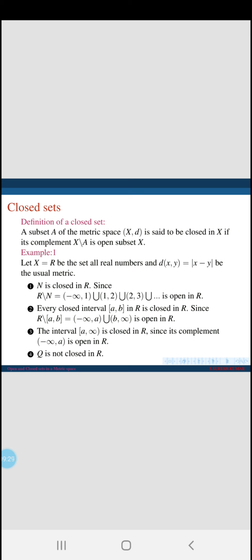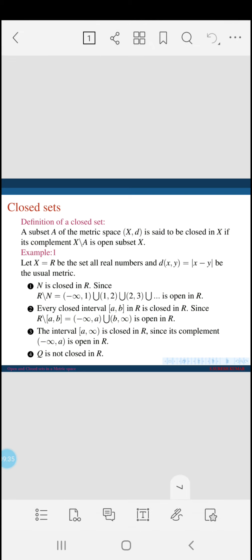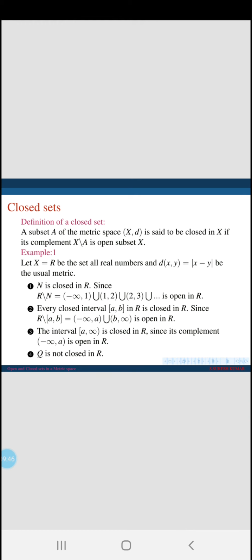We already know that open intervals are open sets and a union of open sets is open, which implies R minus N is open. Therefore, N is closed in R. Similarly, every closed interval in R is closed in R, since R minus the closed interval [a, b] is equal to a union of two open intervals.